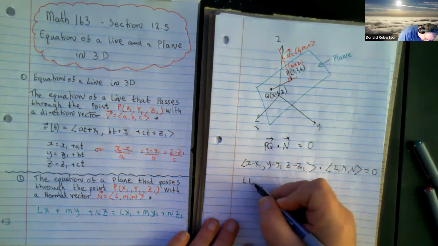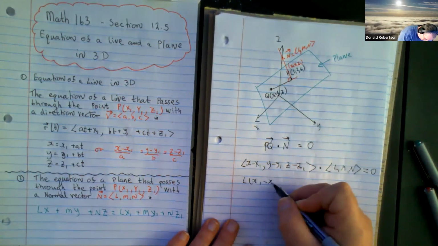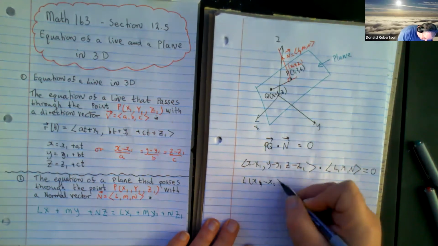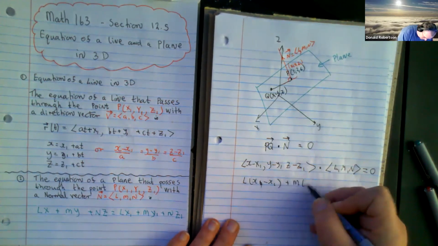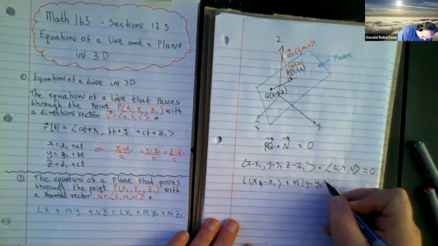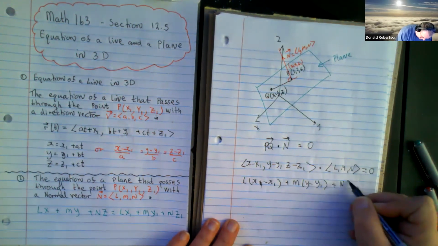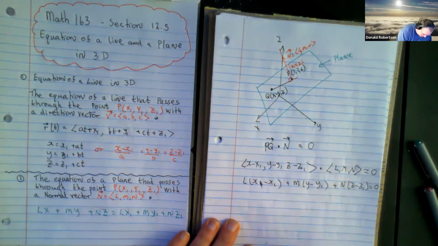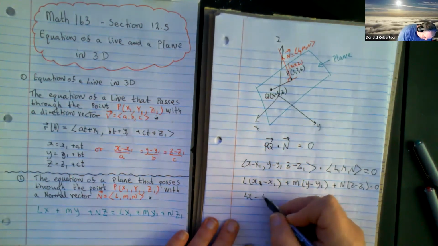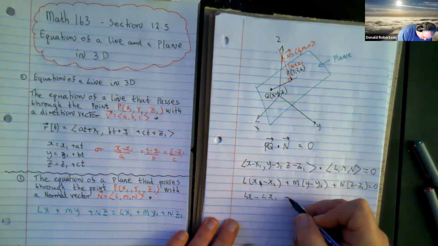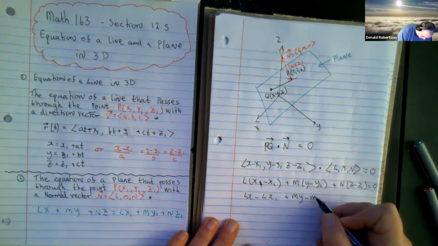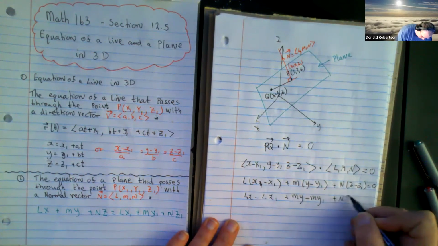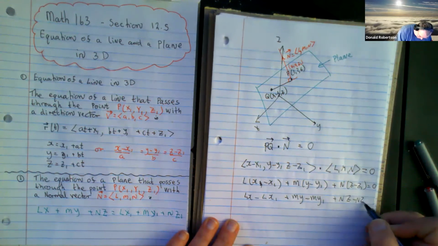And if you do the dot product, you get this. Oops, that's an X. You get this guy. You get this guy. And you get this guy equal to 0. And then if you multiply, distribute them out, you get that.